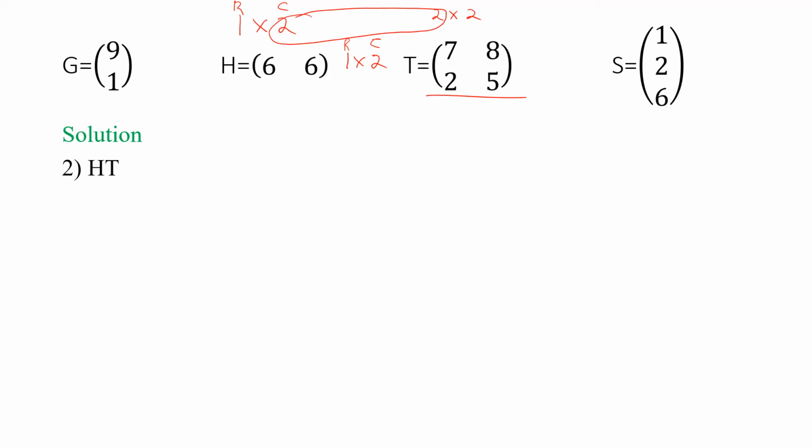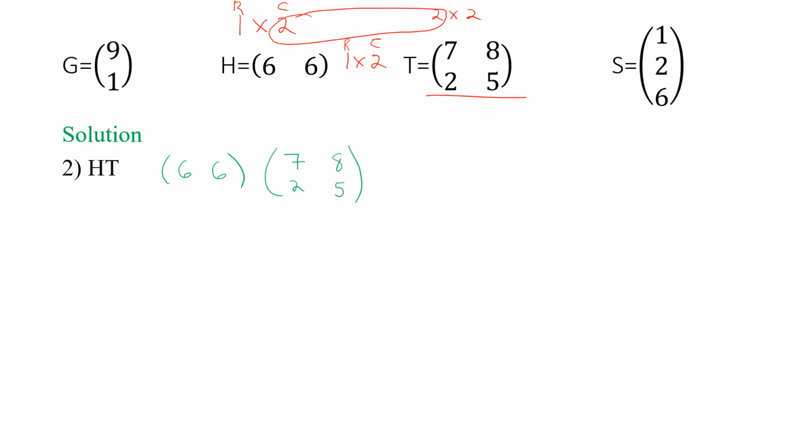So let's multiply these two matrices now. Let's write down matrix H. We have 6, 6. And for matrix T, we have 7, 2, 8, 5. Look at how this process goes.